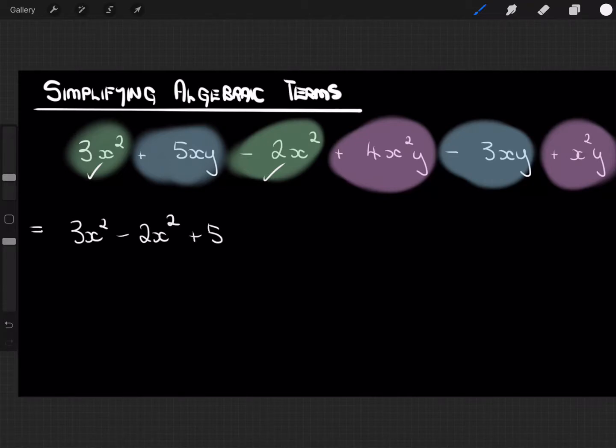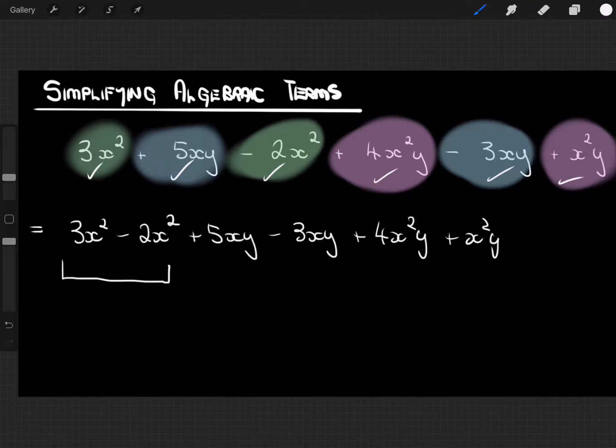Plus 5xy, and then minus 3xy. And then finally, plus 4x squared y, plus x squared y. Okay, so you can now see that I've grouped them. There's one set of like terms, there's the second, and there's the third.